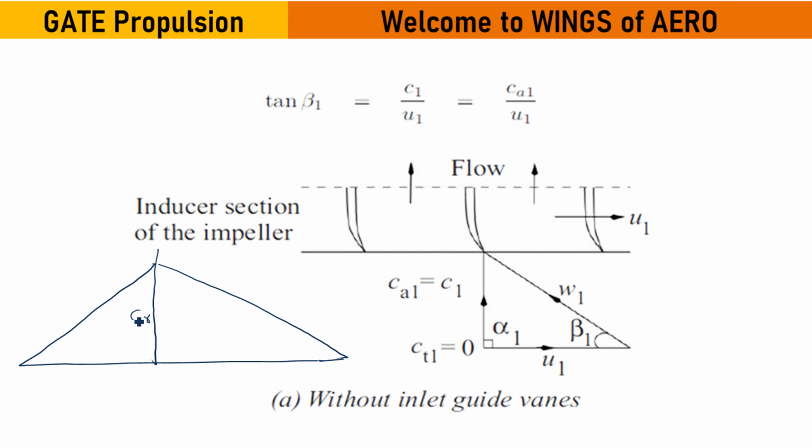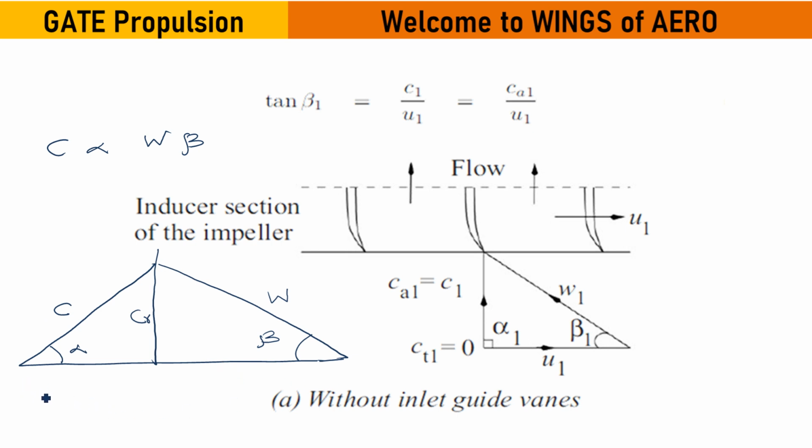I'm not giving any suffix because I'm not representing any inlet or exit; I'm just making a simple layout. Here we write C, and this angle is alpha, because of the small trick I mentioned: C alpha, W beta. Here we have W, and this one is beta. Simple trick.